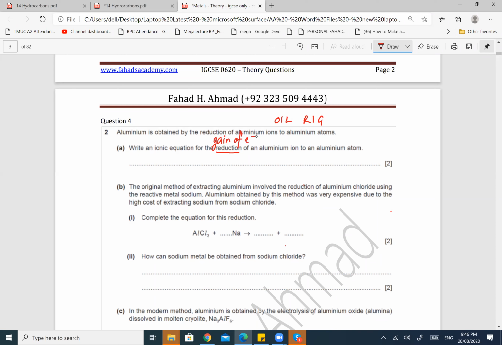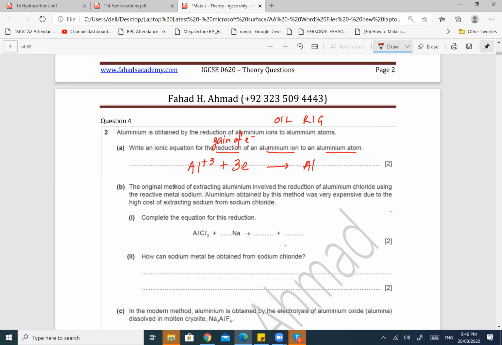Acha, he's saying कि write the equation for aluminium ions changing into aluminium atoms. So aluminium is +3, changing into aluminium atom. So for that, it has to gain 3 electrons. So that is your equation for reduction of aluminium.